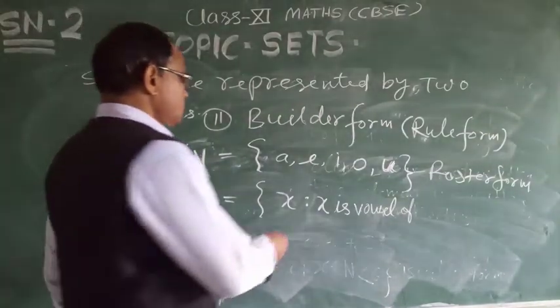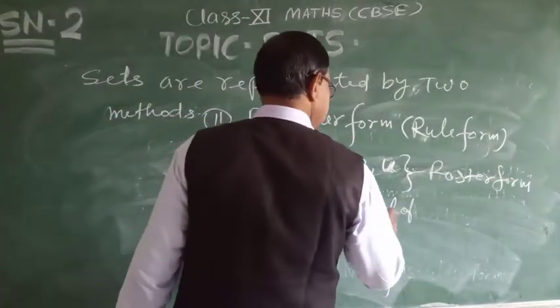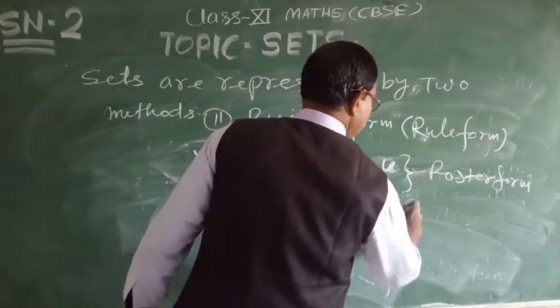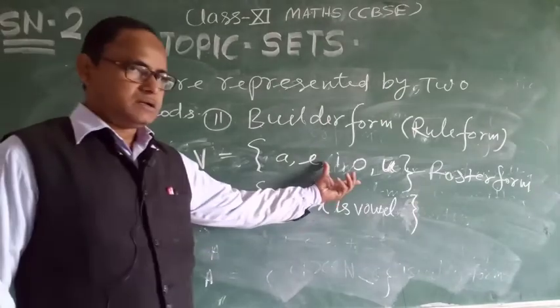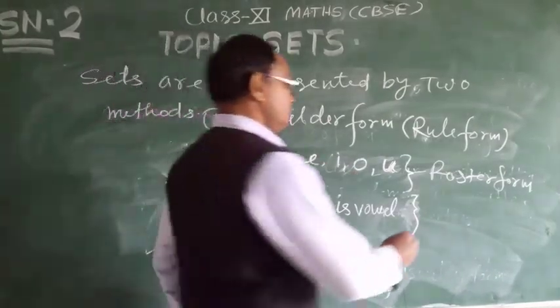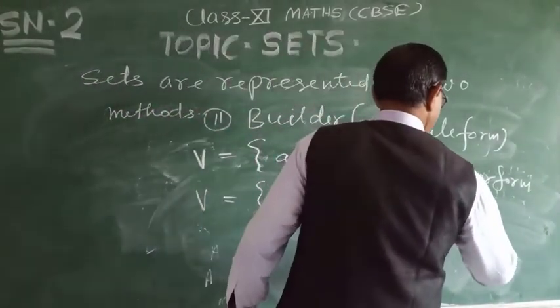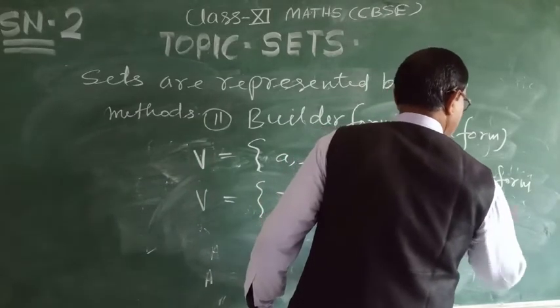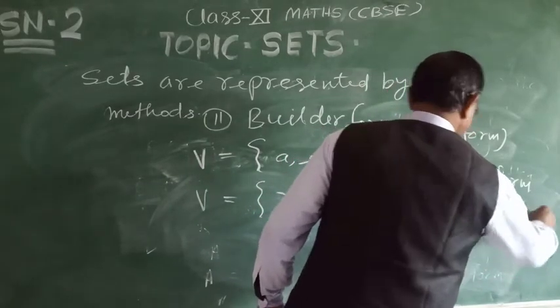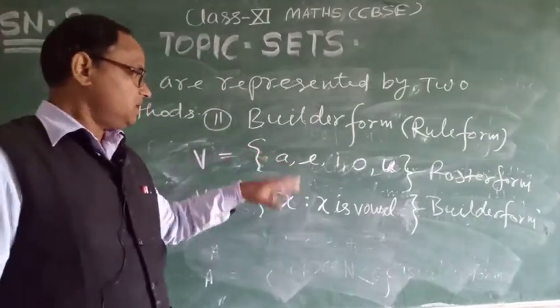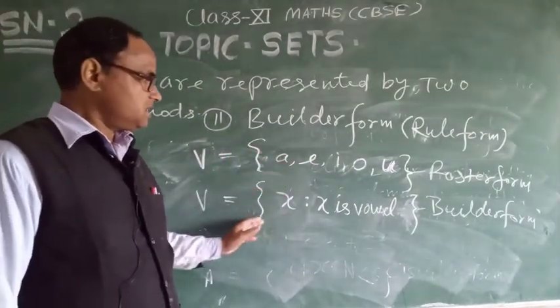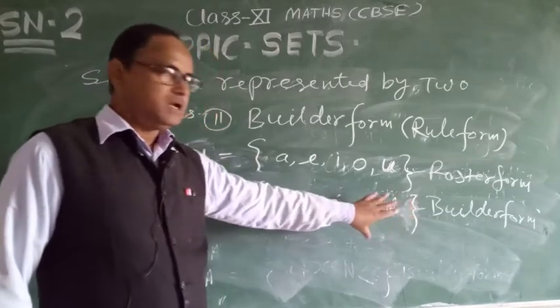Okay, x such that x is a vowel. Written in statement form, this is known as builder form. Thus we convert roster form into a statement, and this statement form is called builder form.